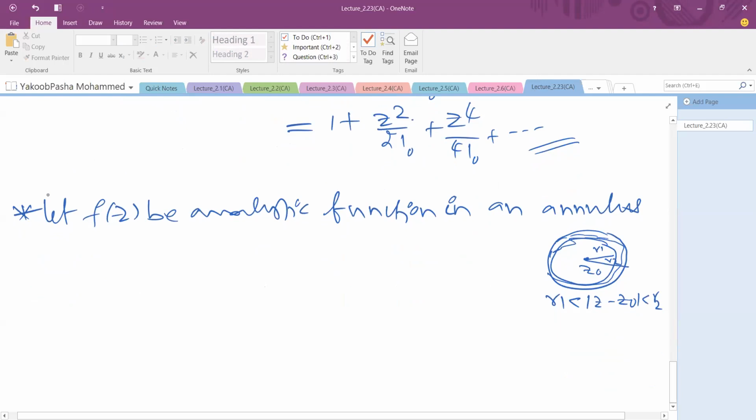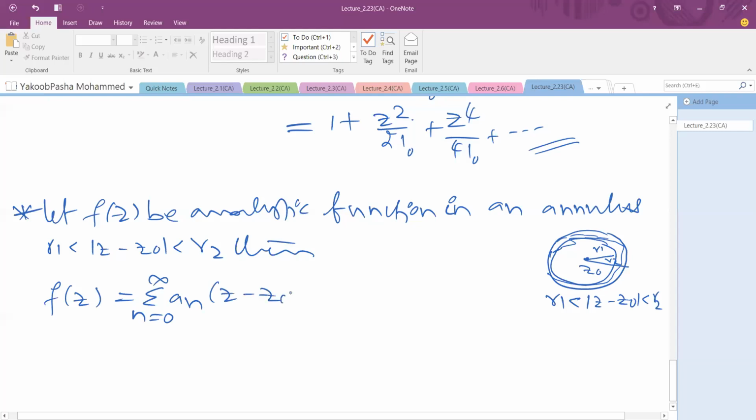Then f of z can be represented as f of z is equal to summation n is equal to 0 to infinity an into Z minus Z0 whole to the power of n plus summation n is equal to 1 to infinity bn divided by Z minus Z0 whole to the power of n.